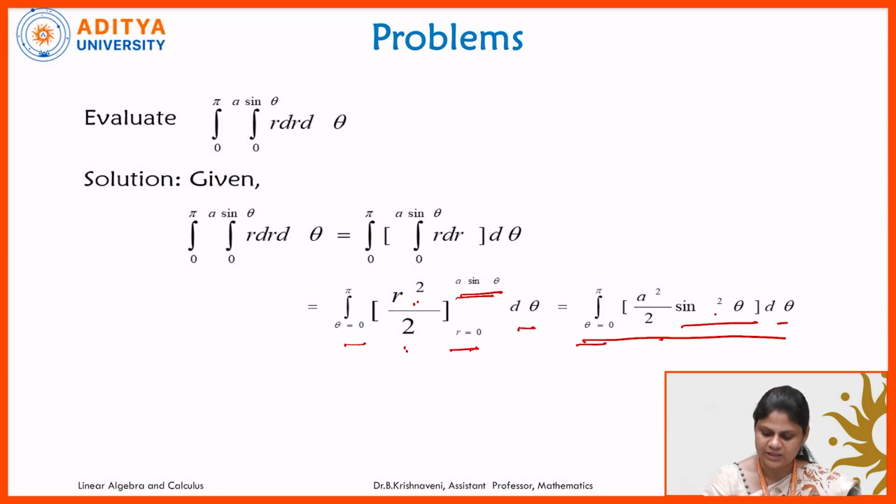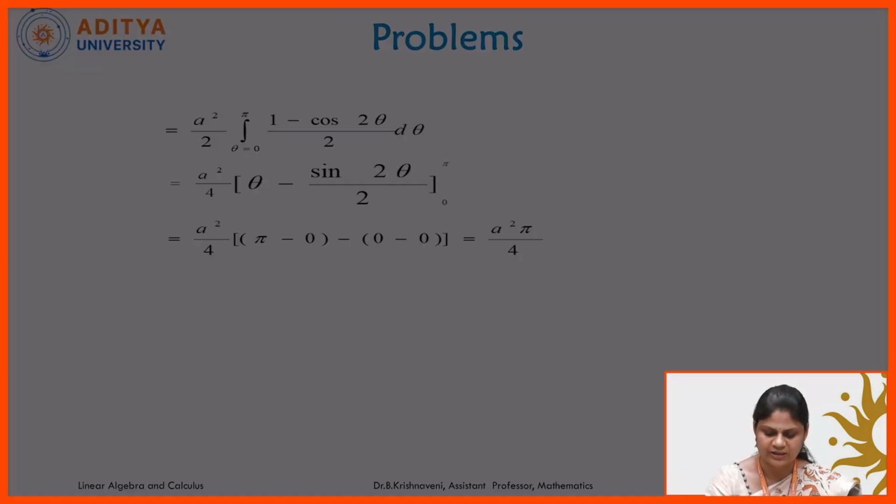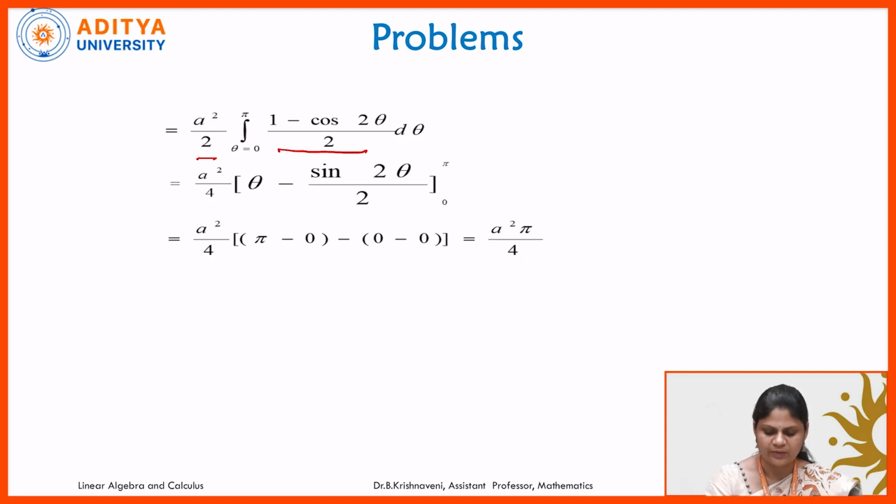Now how to write sin square theta? We all know that sin square theta can be written as (1 minus cos 2 theta) by 2. Replace that. Now do the integration with respect to theta. Take 1 by 2 again outside the integration, which becomes a square by 4. The remaining is integral 1 d theta, that is theta, minus the integration of cos 2 theta, which is sin 2 theta by 2.